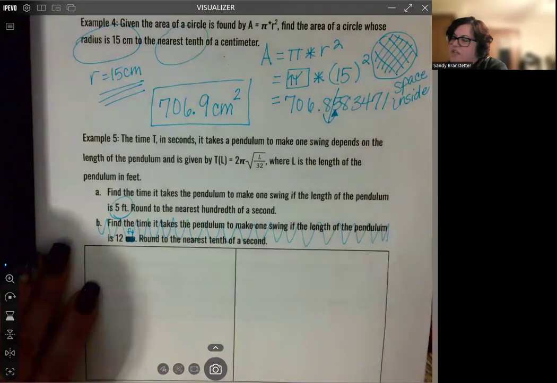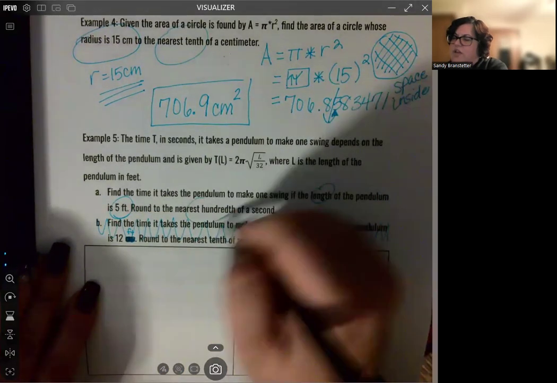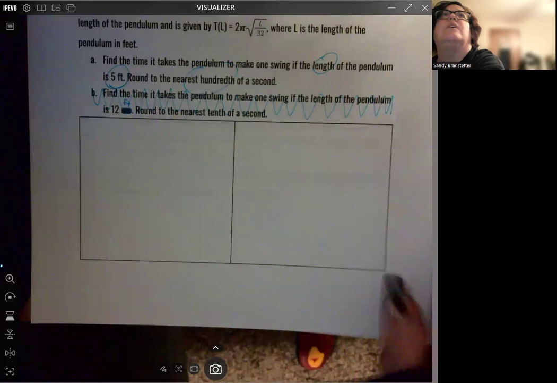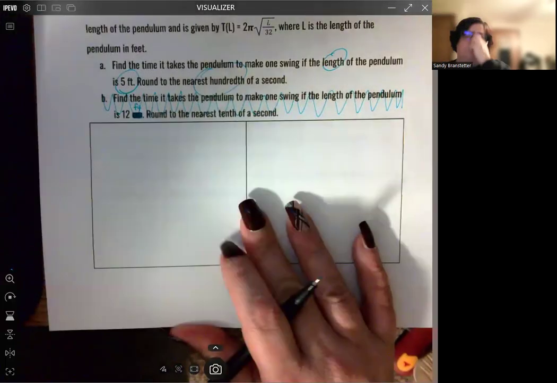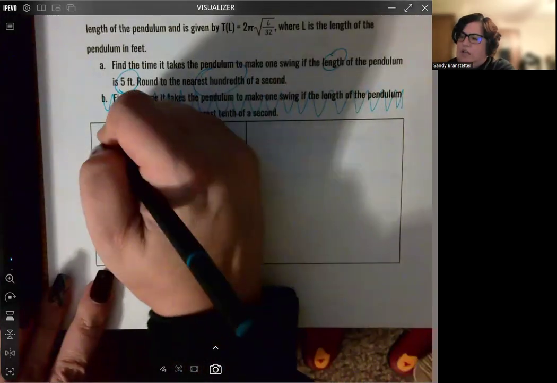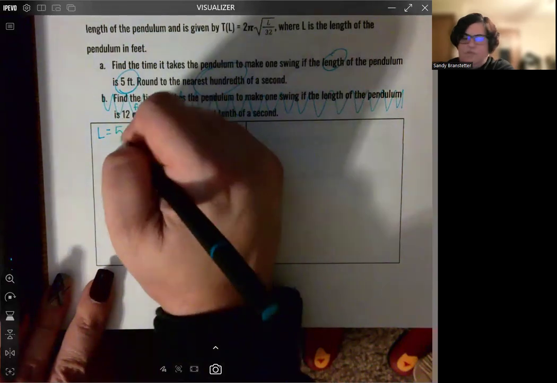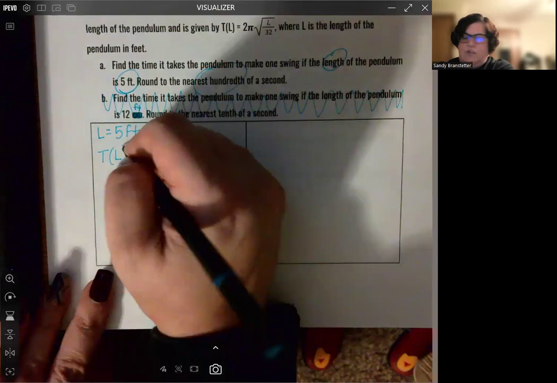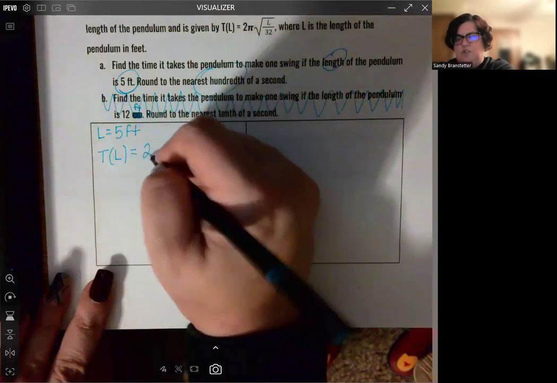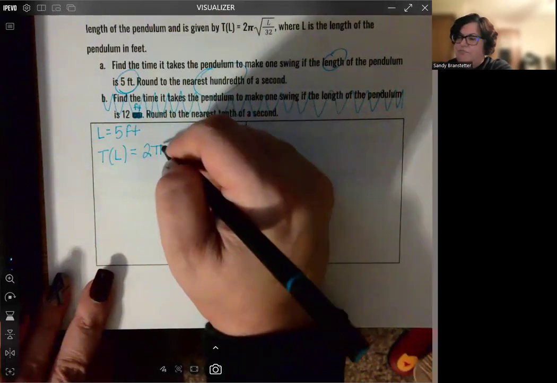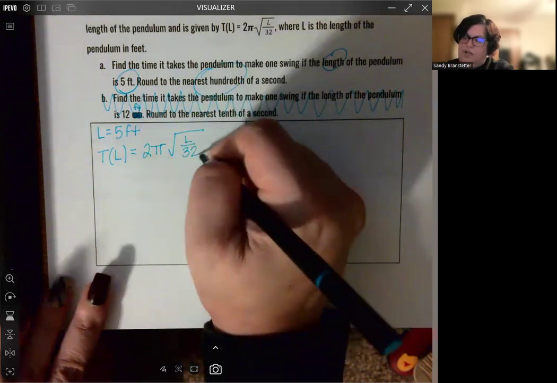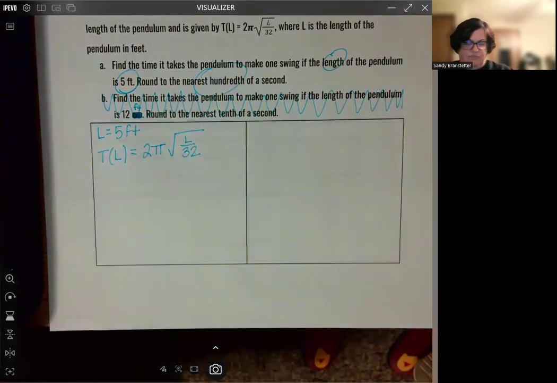So 5 feet is our length, and we're rounding to the nearest hundredth, which is 2 decimal places. So we're going to go ahead and do this problem. Length equals 5 feet. That's our given. And then I'm going to write down the function that we are given in the problem, and then we'll plug things in.